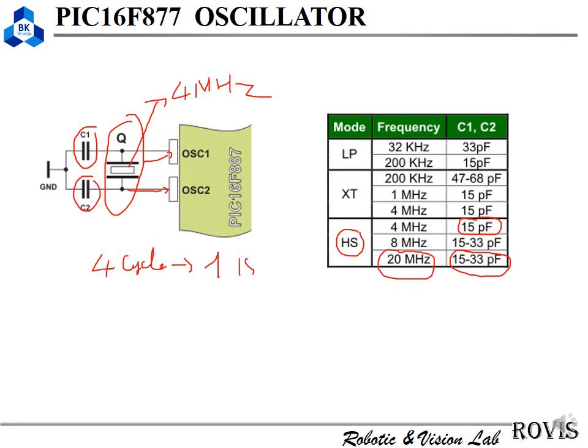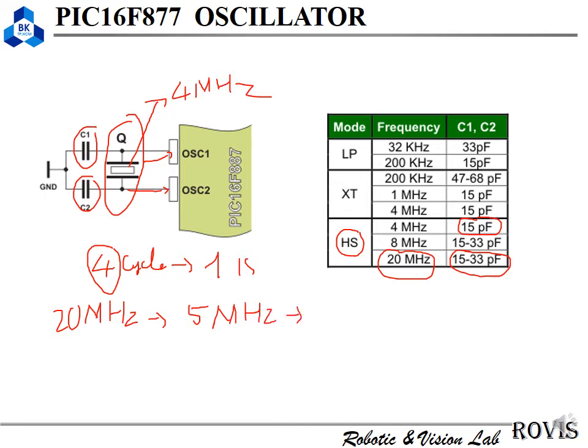So that means our speed is reduced 4 times. If we input 20 megahertz, the actual speed is just 5 megahertz.